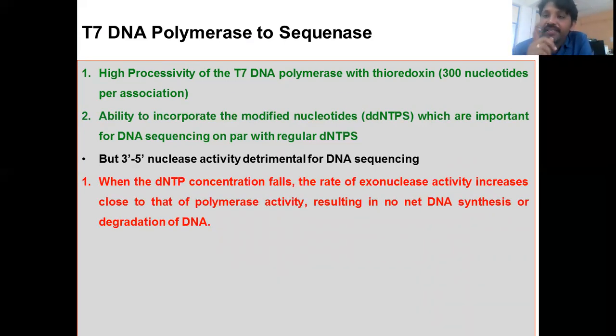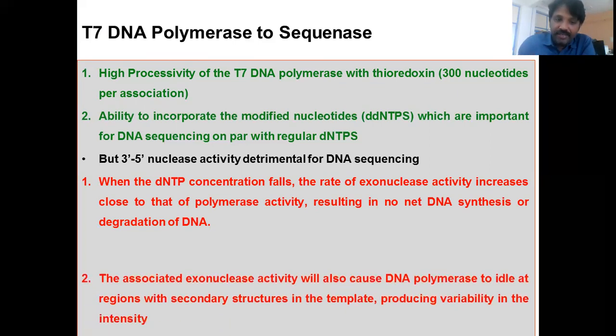It is detrimental because whenever the reaction is exhausted of dNTPs, the 3' to 5' exonuclease activity and polymerase activity become net equal. So there is no polymerization. Instead of polymerization, it starts degrading the growing chain.